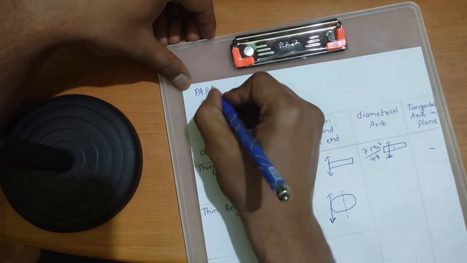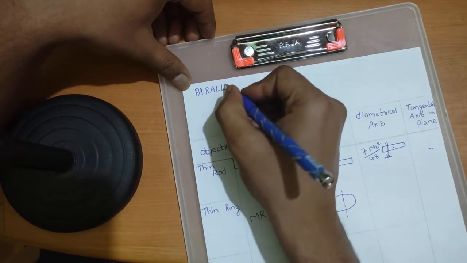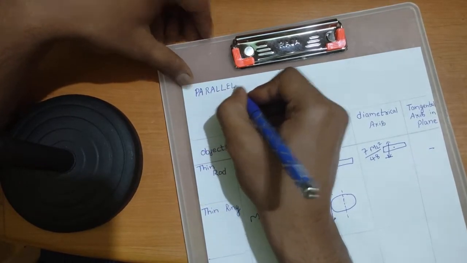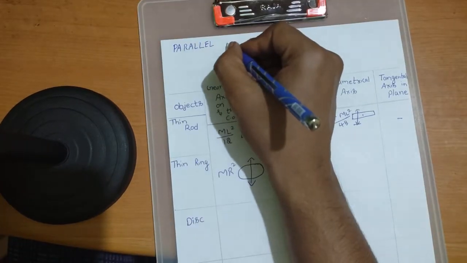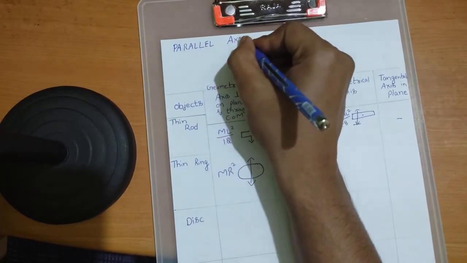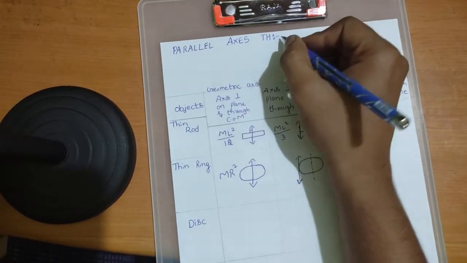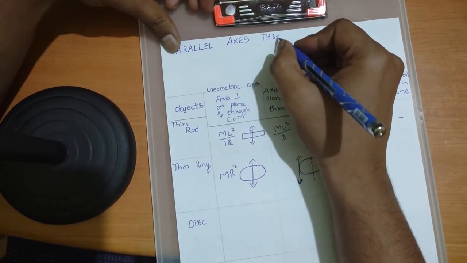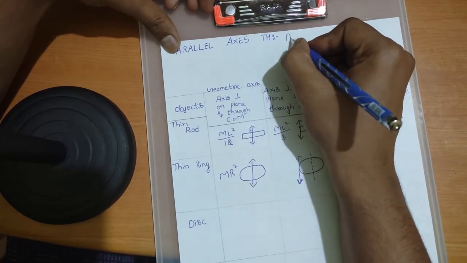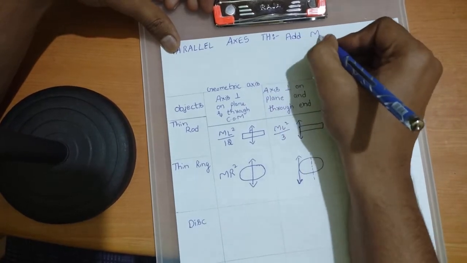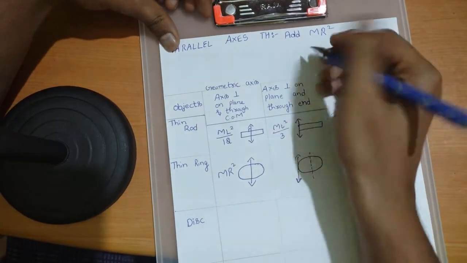Parallel axis theorem. Whenever you feel to apply the parallel axis theorem, just do one thing: add mr². Alright, add mr².